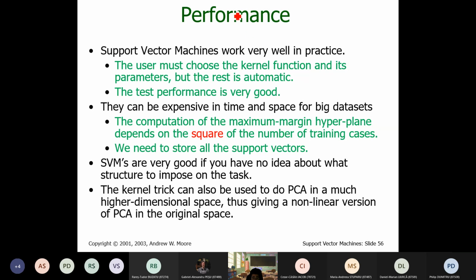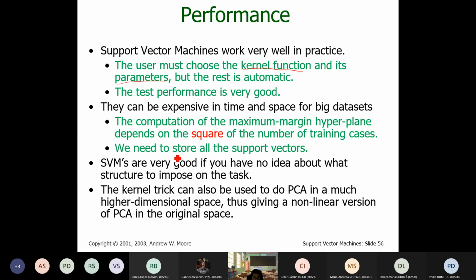The user must choose the kernel function that he wants for the dataset and its parameters, and the rest is automatic. It can be expensive in time and space for big datasets, because you saw that quadratic programming has a complexity that depends on the square of the number of training cases.